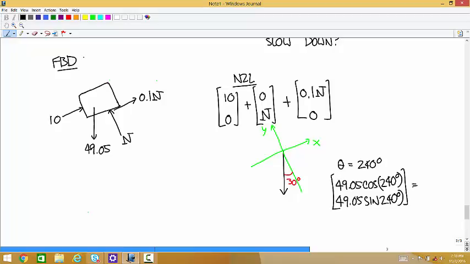Can someone tell me what that is? Negative what? Negative 24.5. Okay.